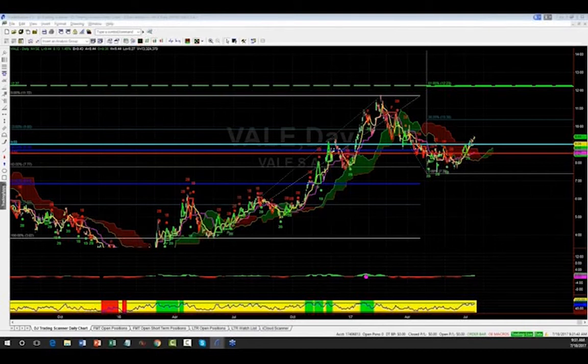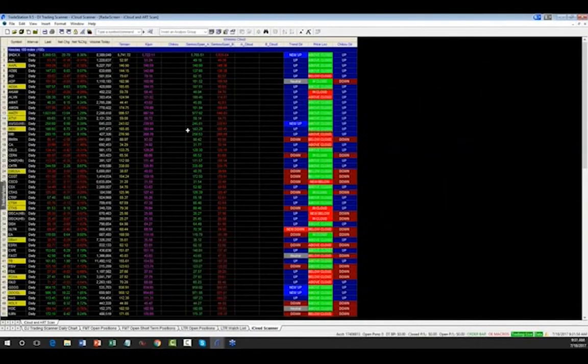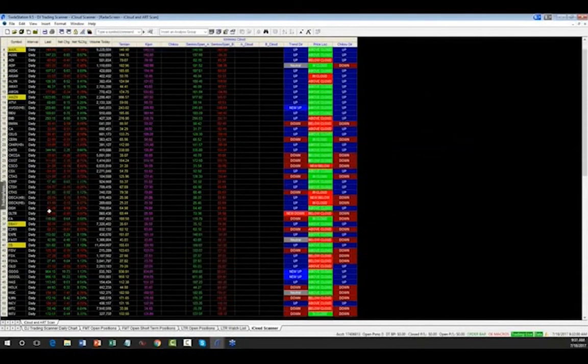Another thing we can do using the Ichimoku tools is we can use it to scan. We can use it to scan for good trades. So what I do here is I loaded the Nasdaq 100 onto radar screen here with TradeStation.